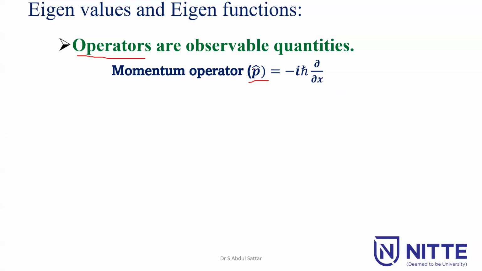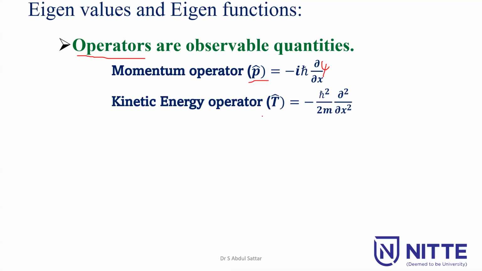P cap equals minus i h bar dou by dou x. If we operate this on the wave function psi, we get the expectation value for momentum. Like that, the kinetic energy operator is minus h bar squared by 2m, dou squared by dou x squared. If you operate this operator on a wave function psi, we get the expectation value for kinetic energy.